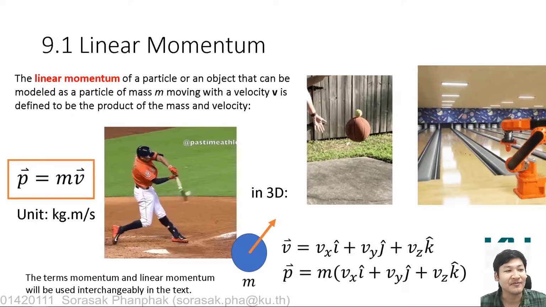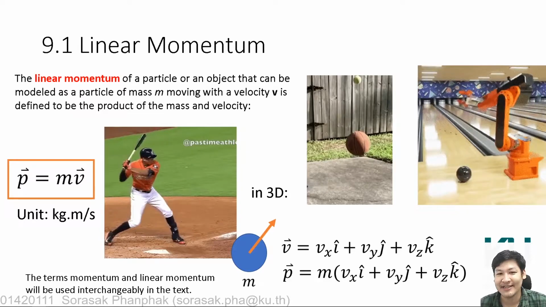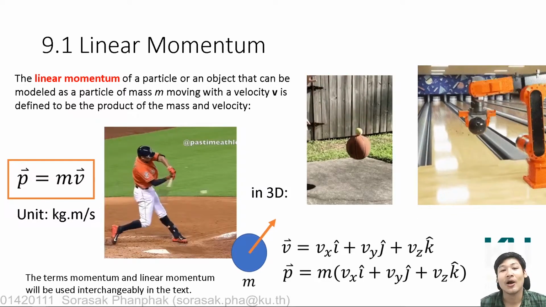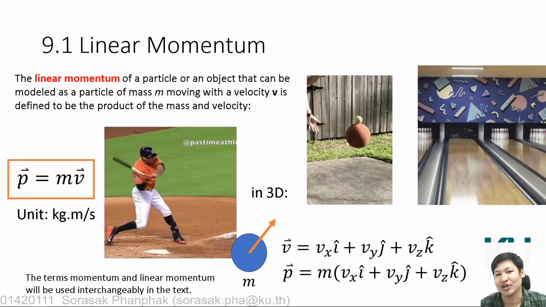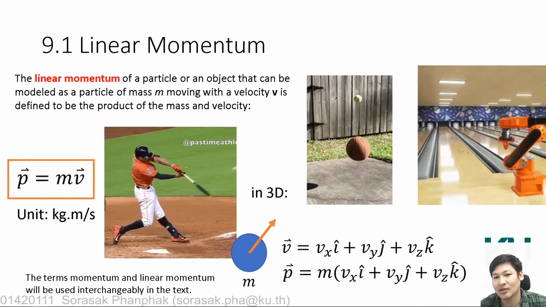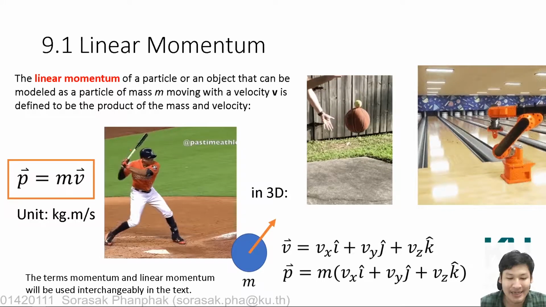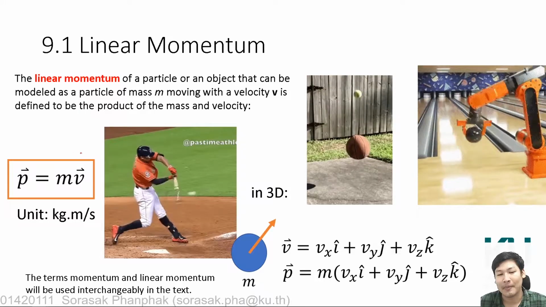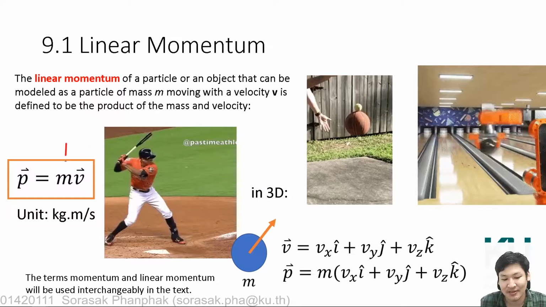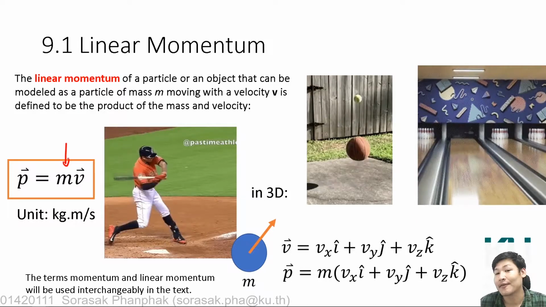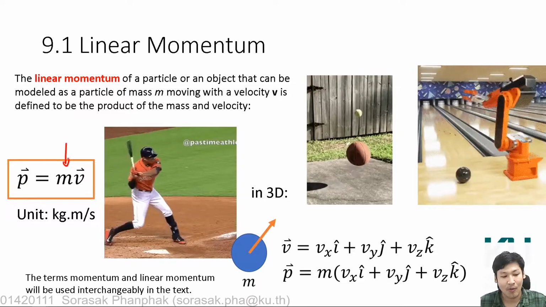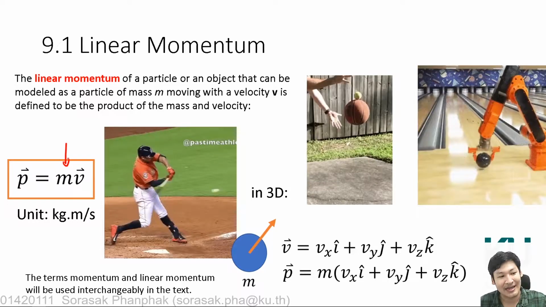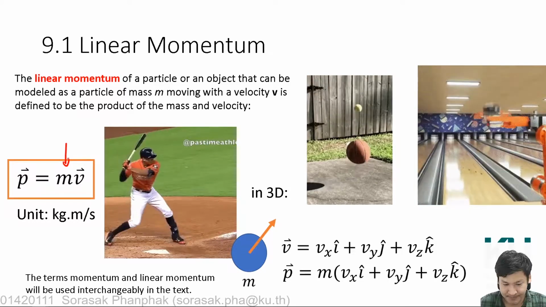If those objects have velocities, you can determine another definition we call the momentum. The momentum is what we use to quantify a particle that has mass with velocity. We multiply them so that we have a quantity that states the behavior of moving objects.